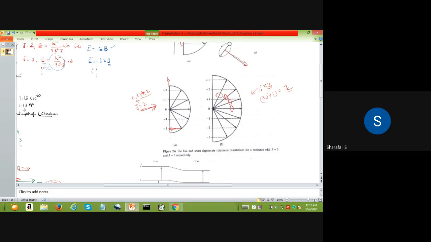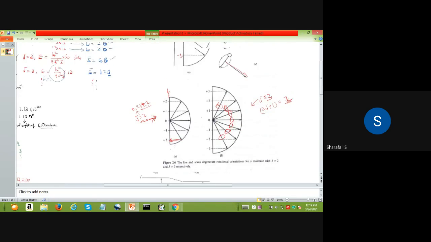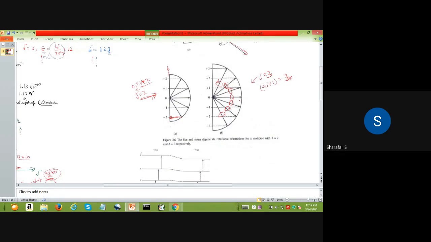All these kinds of rotations are possible in this particular case. Depending on the angular momentum direction, we have different states with the same energy. They are nothing but the degenerate states. So these are the degenerate states of different levels, j equal to 0, 1, 2, 3, etc.